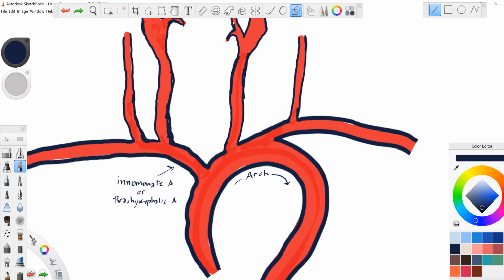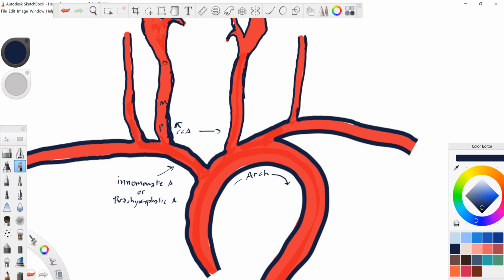So the first thing that comes off, of course, is the common carotid artery, and that'll be here and over here as well. And of course we have, anywhere in here is prox, mid, and distal, right before the bulb.